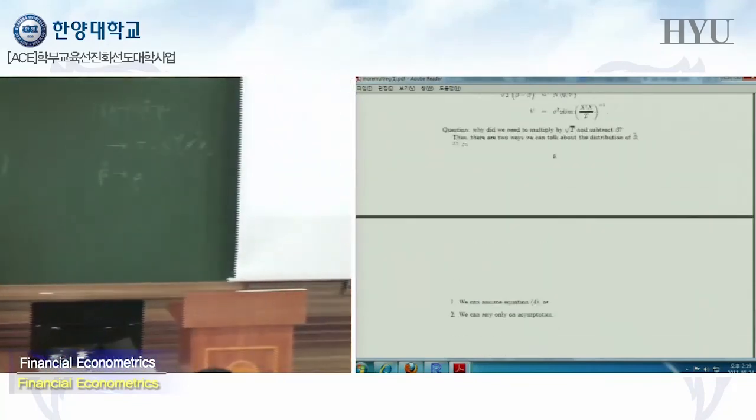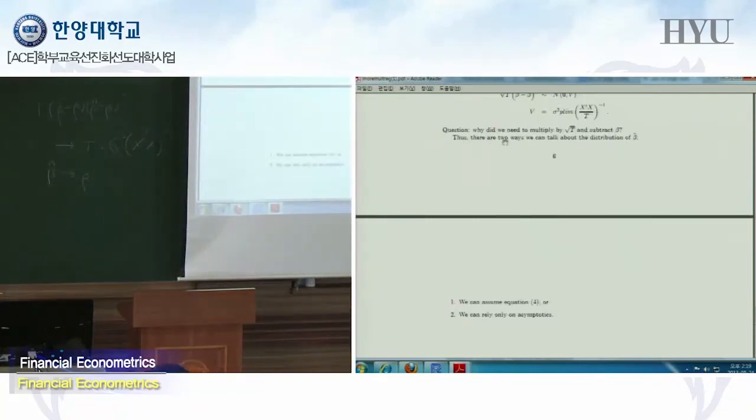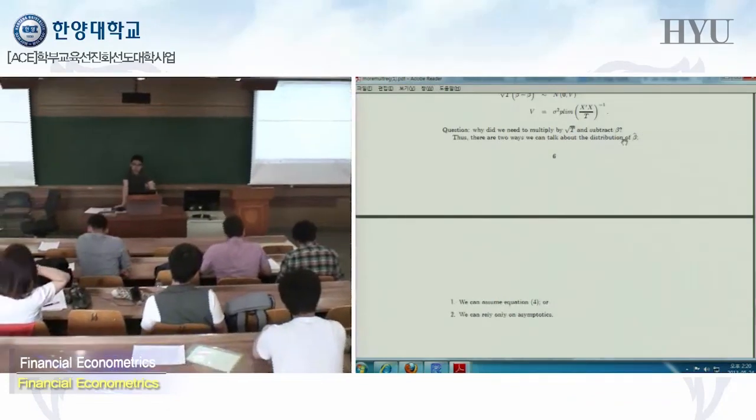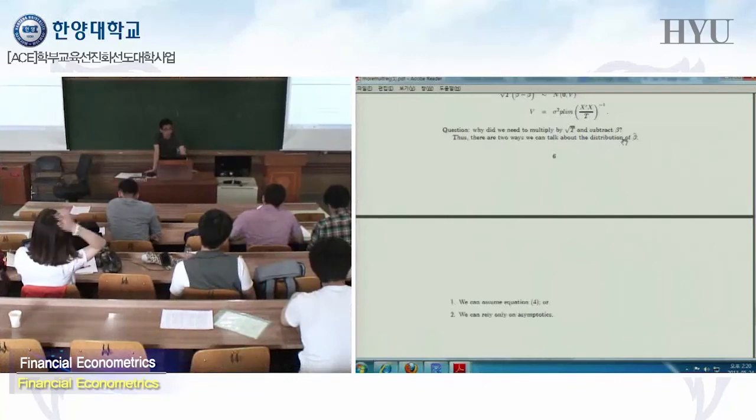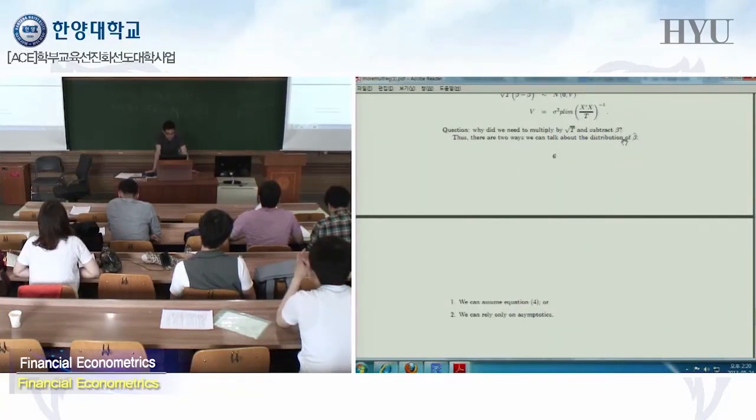So the bottom line is that there are two ways we can talk about the distribution of beta hat. We are eventually interested in the distribution of beta hat because otherwise we cannot do any test about beta hat, right? So in order to talk about the distribution of beta hat, first, conveniently we can assume this one.